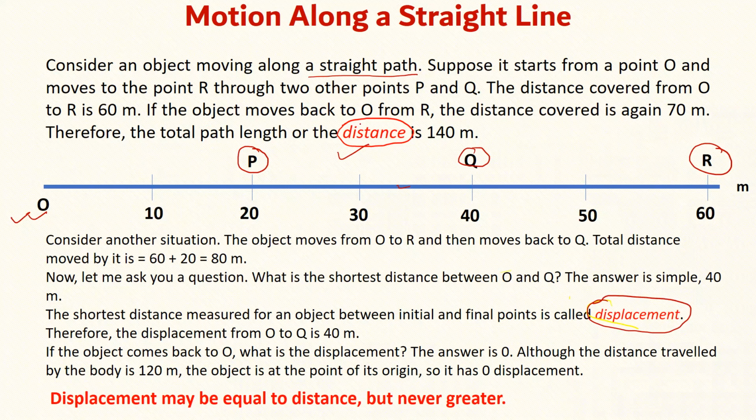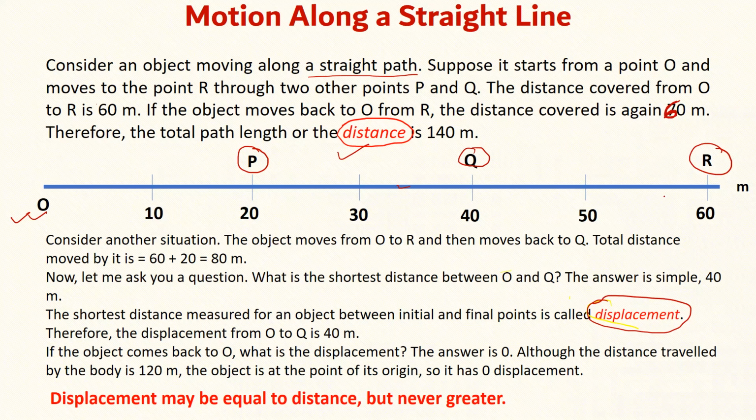If the object moves back to O from R, the distance covered is 60 meters. Sorry, I made a mistake earlier, it should be 60 meters.